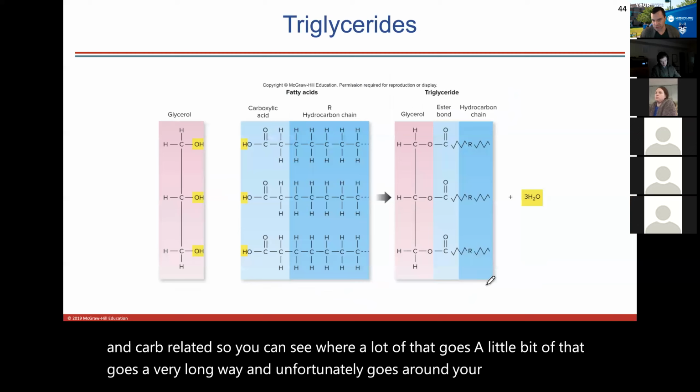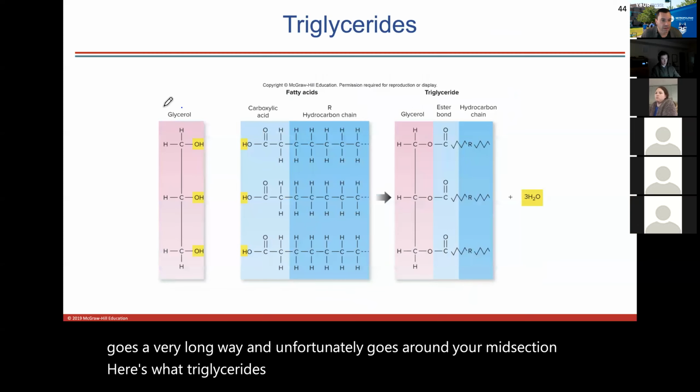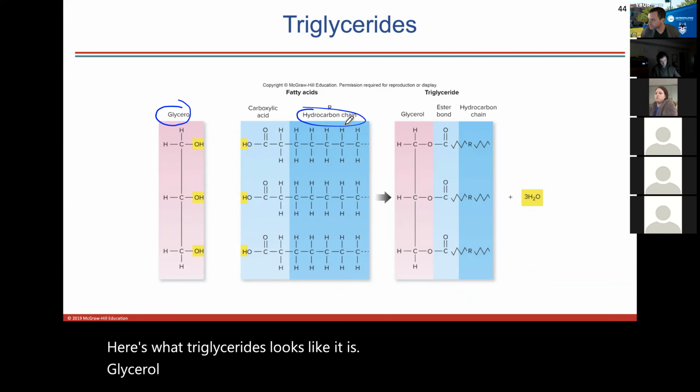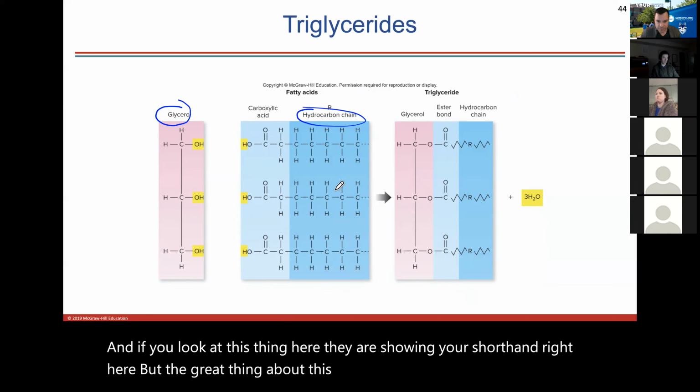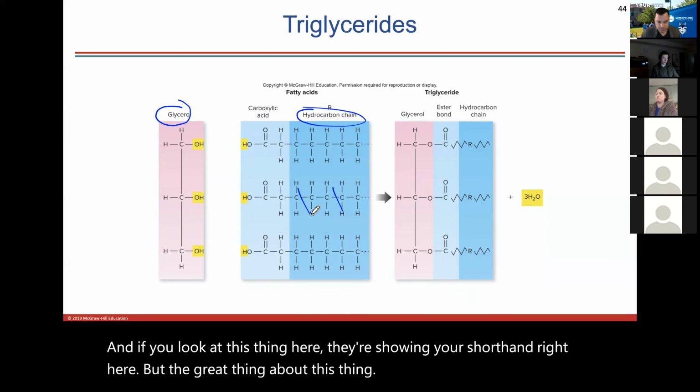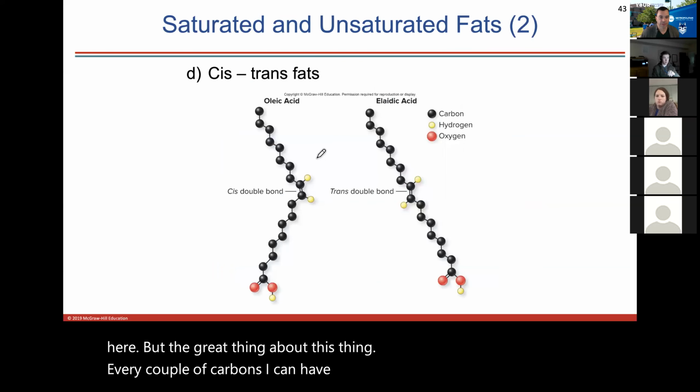Here's what triglycerides look like. It is glycerol and the hydrocarbon chain. If you look at this, they're showing you shorthand right here. But the great thing about this is every couple carbons, I can have a chain reaction here, okay?